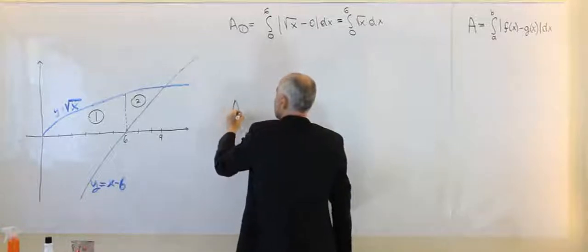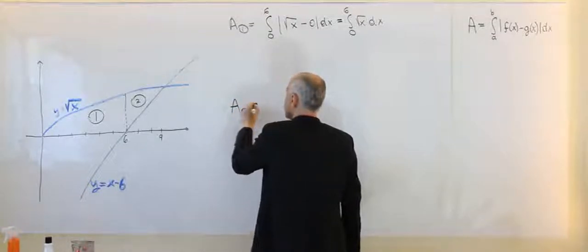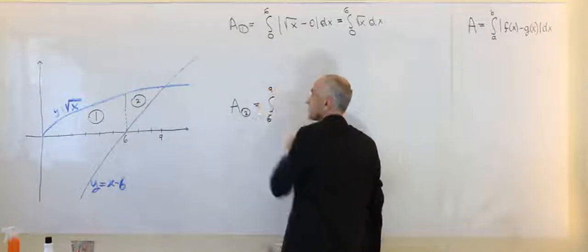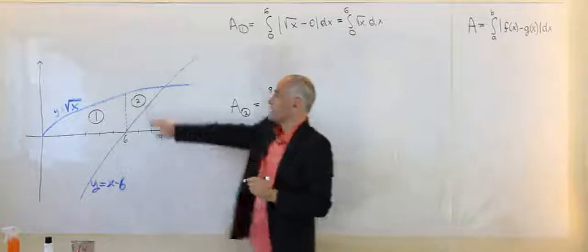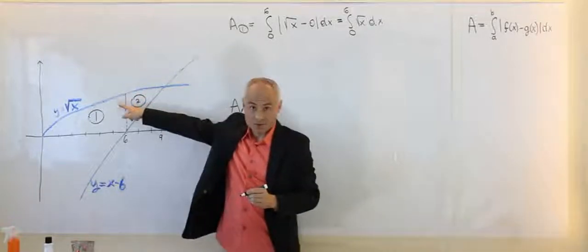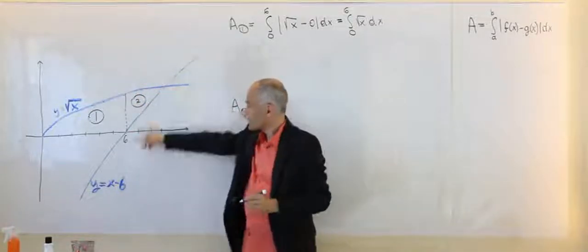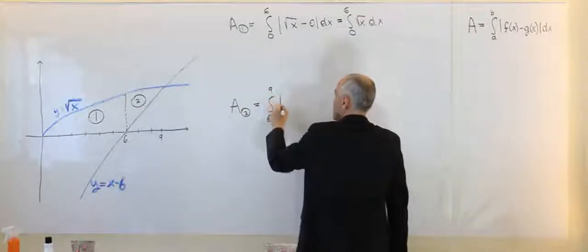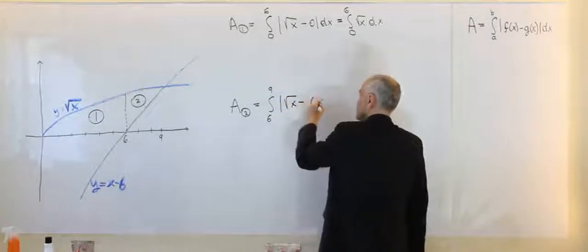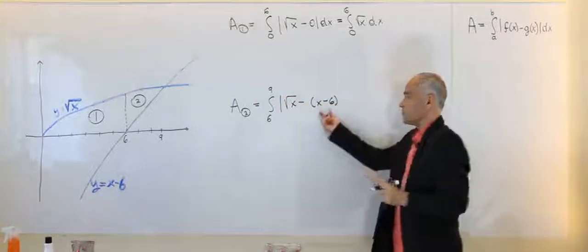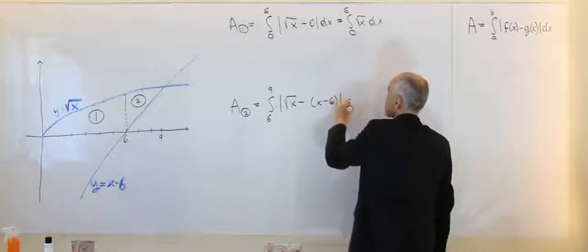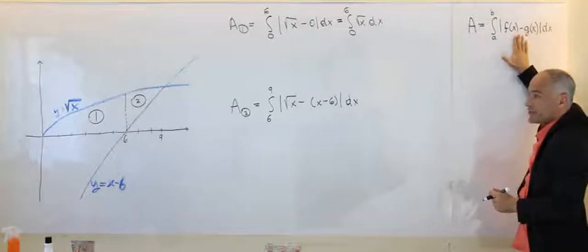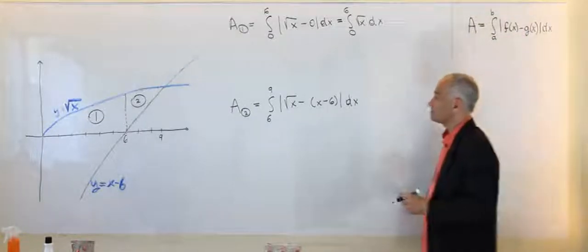And the area of the second region is the integral from 6 to 9. And the upper function here is the square root of x, and the lower is x minus 6, right? Don't forget parentheses here. So I'm just applying our formula that we talked about earlier in the lecture.